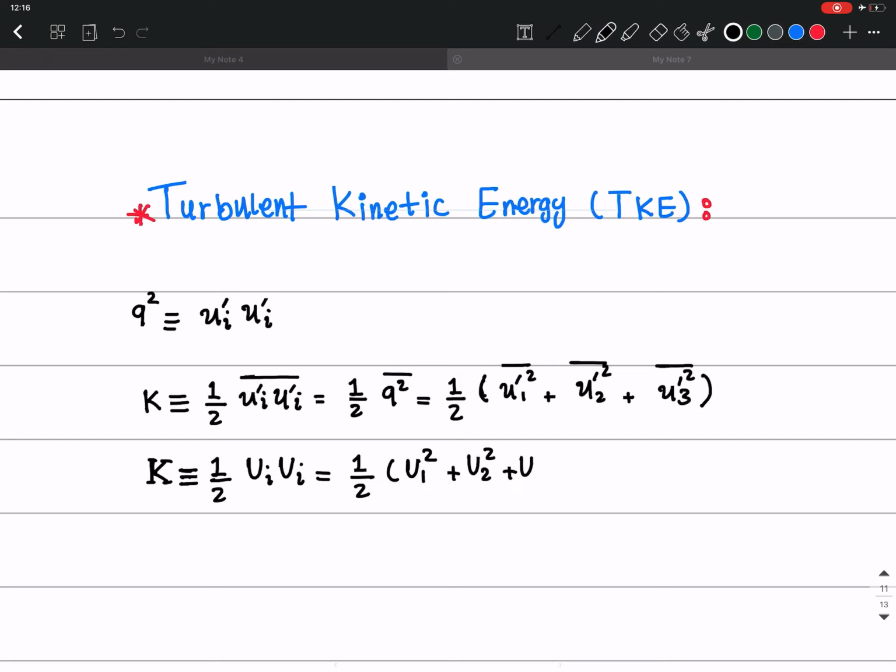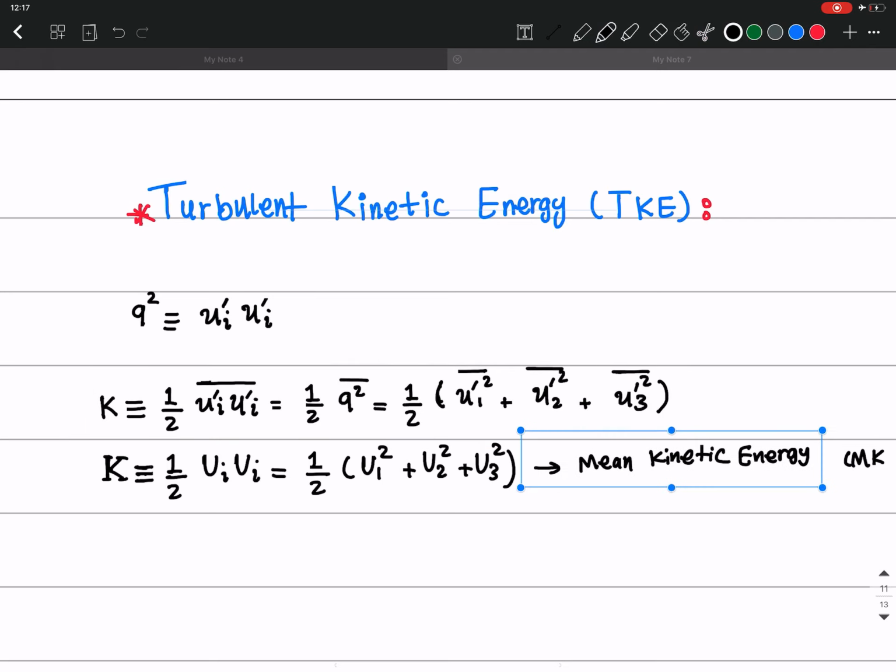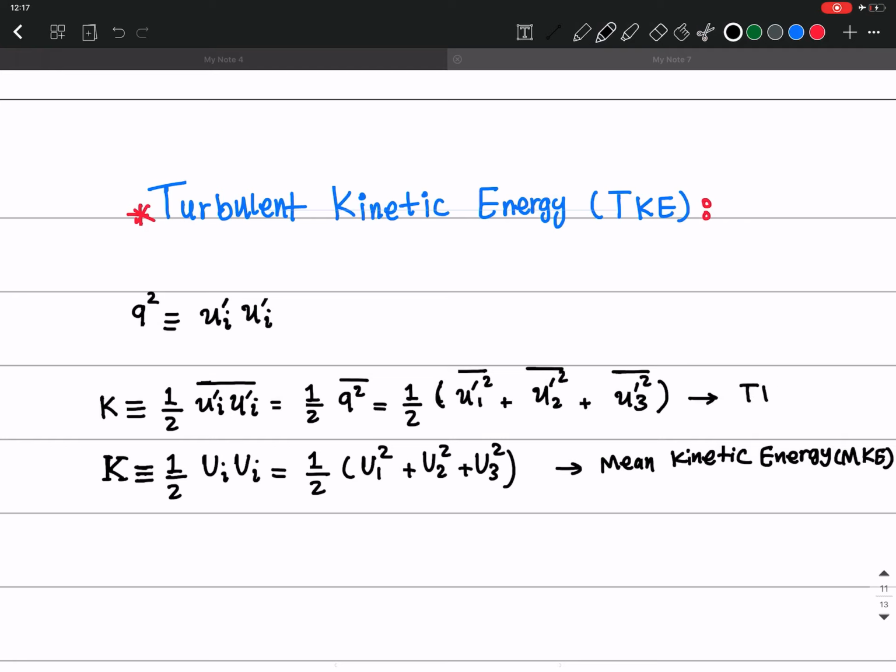So this is the mean kinetic energy, or MKE. And this one is TKE, turbulent kinetic energy.